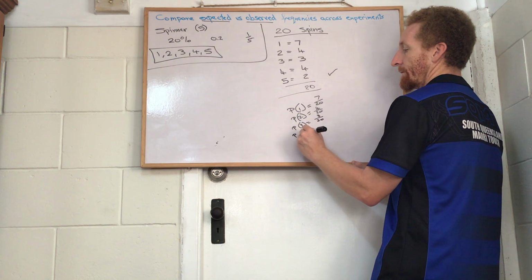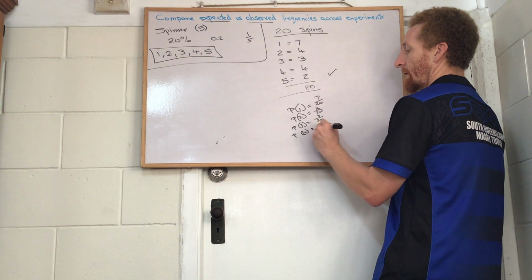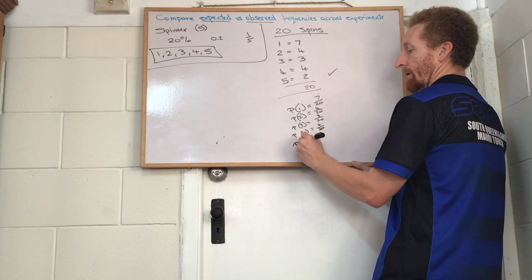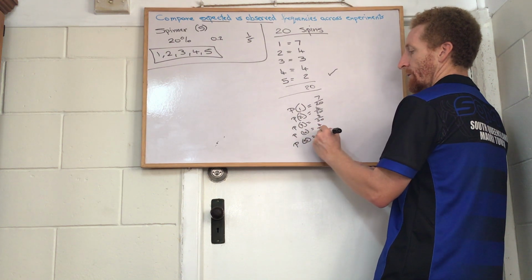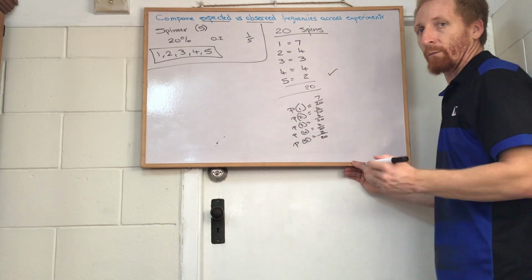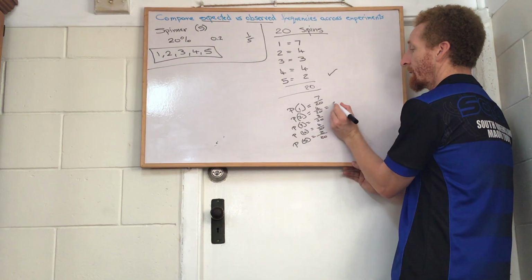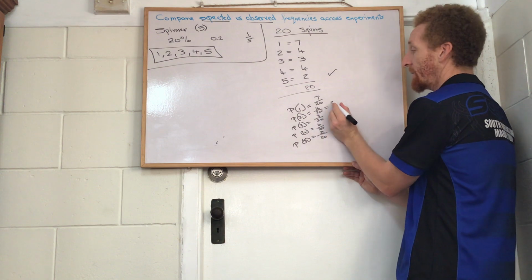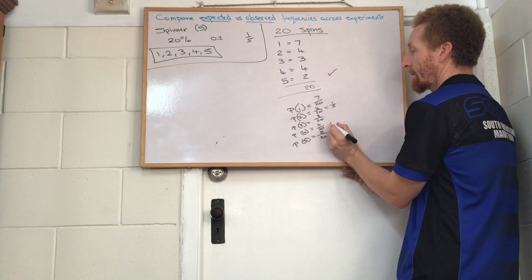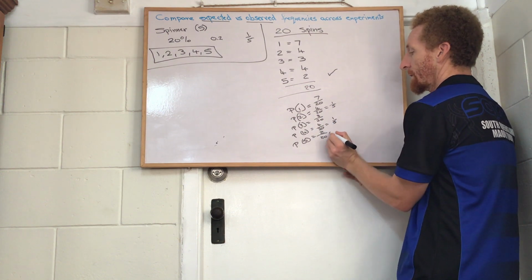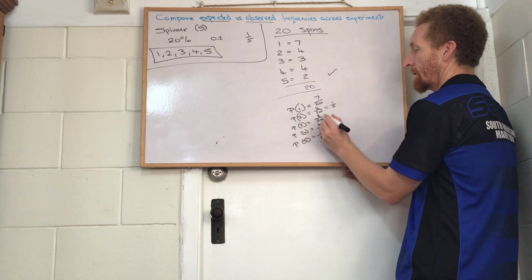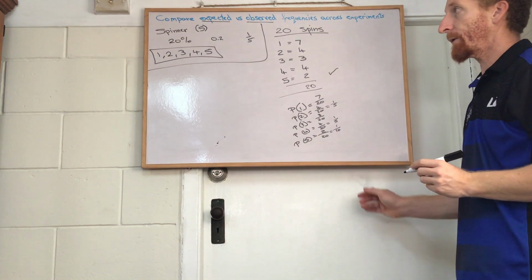A probability of 4 is 4 out of 20. A probability of 5 is 2 out of 20. We know some of these can be simplified. So they can be simplified to 2 out of 10 or 1 out of 5. Same as that one. That one, 1 out of 10. These two are prime numbers, they can't be simplified.